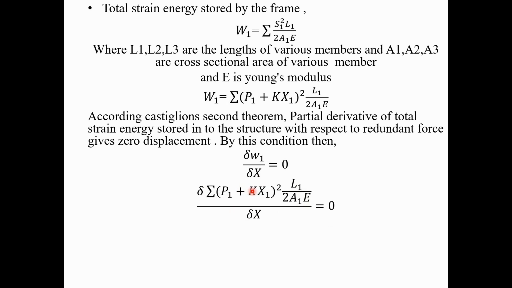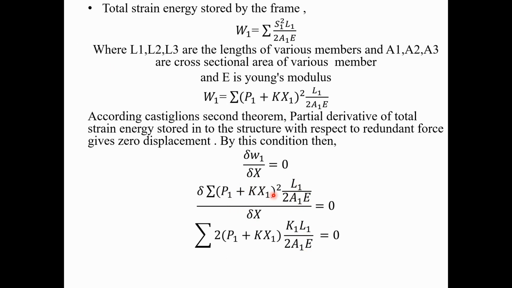By taking differentiation of this term, we apply the U into V rule. We'll take first the differentiation of P1 plus Kx1 square, because L1 upon 2A1E is a constant term, so this term stays as it is.